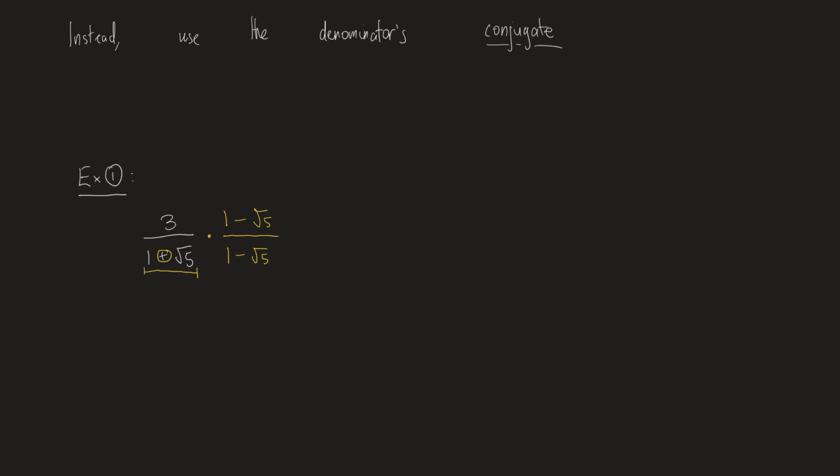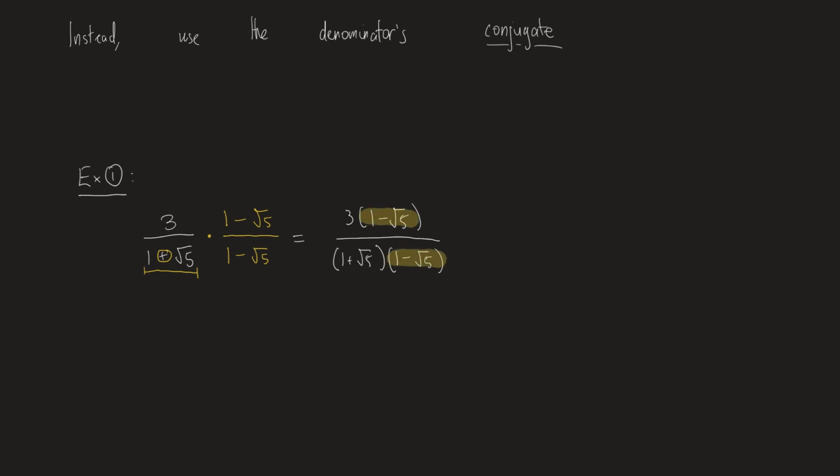Now this might seem a bit mysterious, but let's see what actually happens when I carry out this multiplication. Upstairs I'll just get 3 times the 1 minus root 5. Downstairs I get 1 plus root 5 from the original fraction, and I'm multiplying by 1 minus root 5.